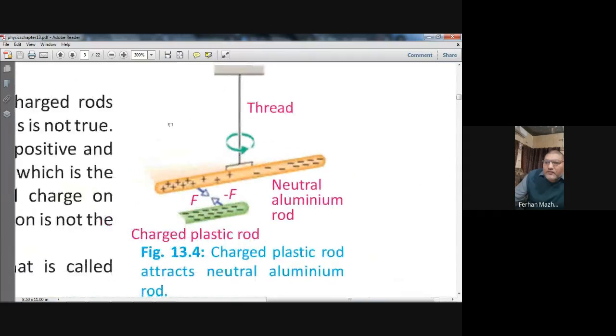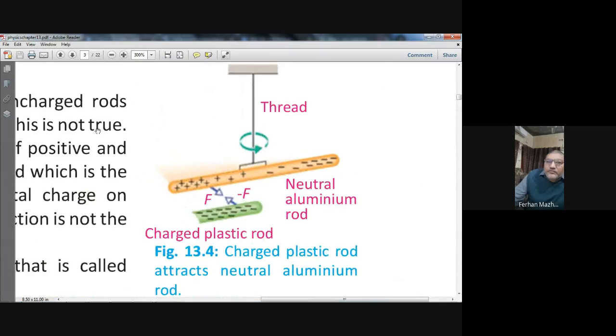This aluminum rod is totally neutral. We know that. We brought a negatively charged rod near the left end, and all of a sudden they start attracting each other.